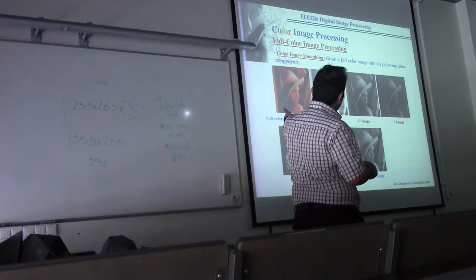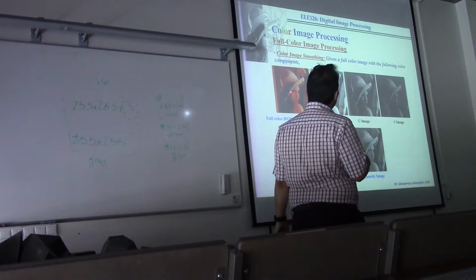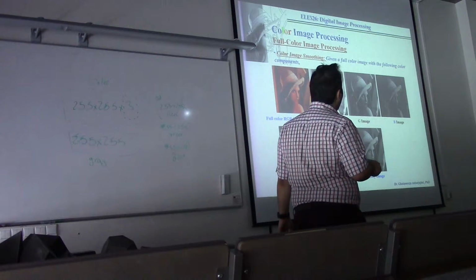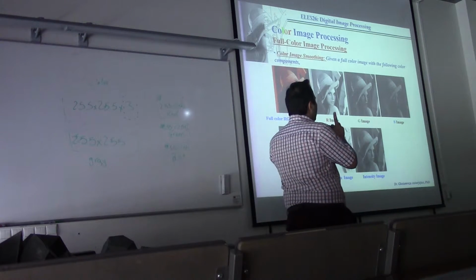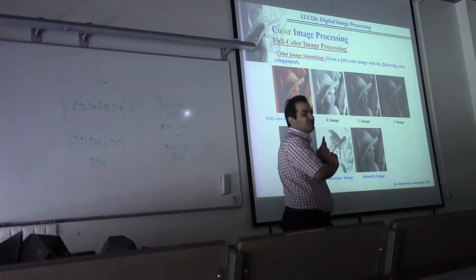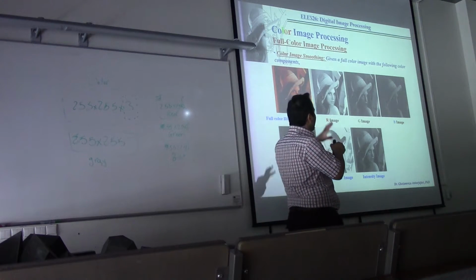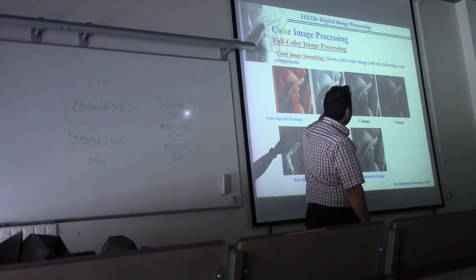As an example, we can see that we have the full color RGB image. It's the Lena image. This is the Lena image in R, which means that the green and the blue values are equal to 0. All the pixels are equal to 0, but just the red matrix has some values for its pixels.